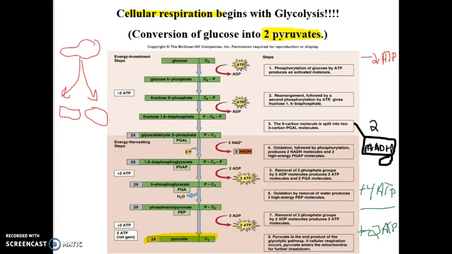This is the first step. This is happening inside the cell, within the cytoplasm of the cell. Gotta find a better way to write this. Okay, so that's supposed to say cytoplasm of the cell.